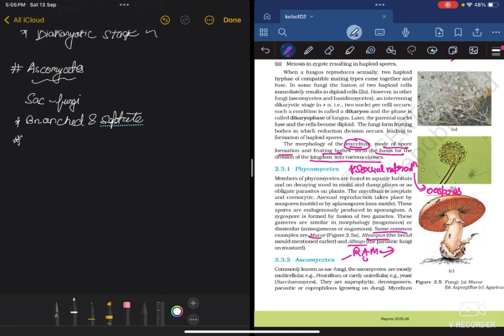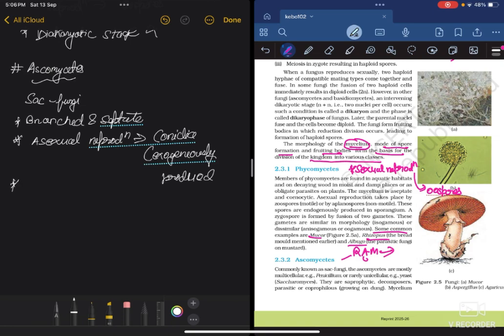Here, asexual reproduction is through conidia, which are exogenously produced. Sexual reproduction is through ascospores, which are endogenously produced.